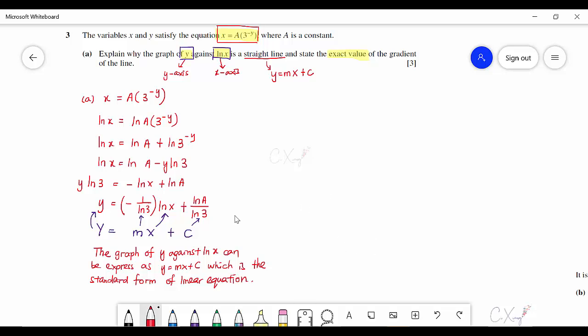Okay, so this is how I prove it. I compared it with the standard form of the linear equation, which is y equals mx plus c. So from here, I know that it is a straight line.